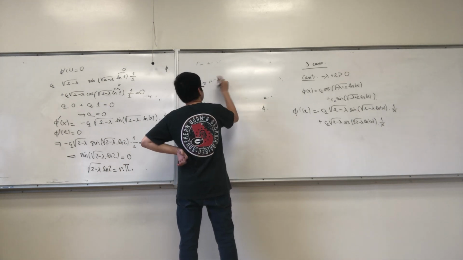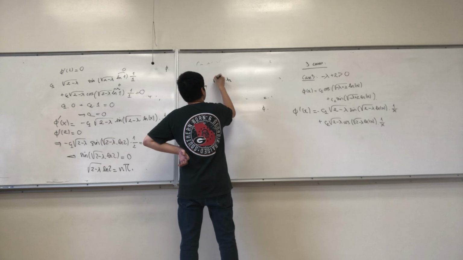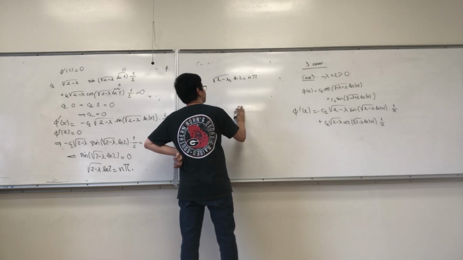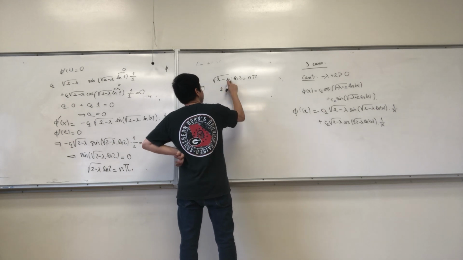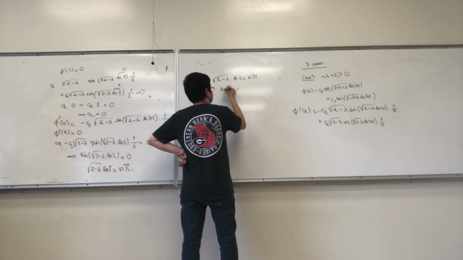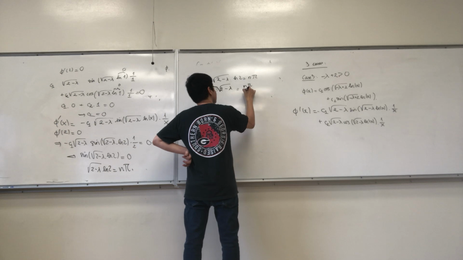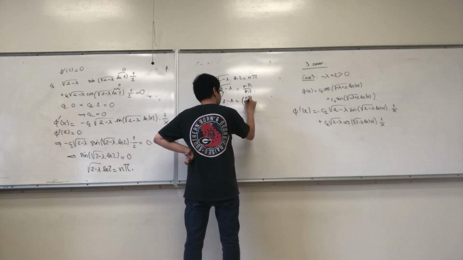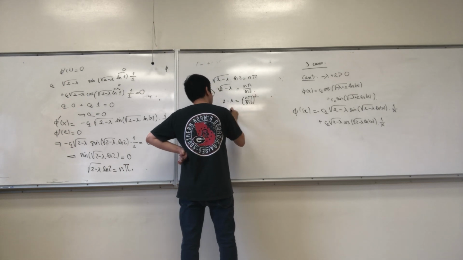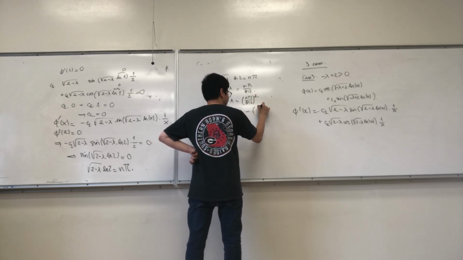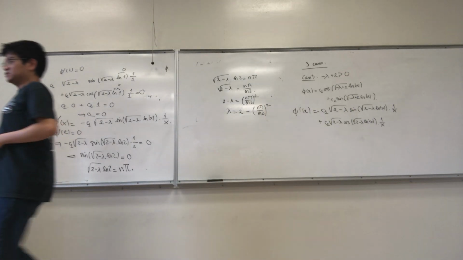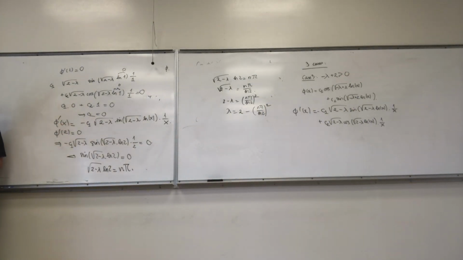So you have square root of 2 minus lambda is n pi over log 2, and 2 minus lambda is n pi squared over log 2 squared. Which means that lambda is 2 minus n pi over log 2 squared. Questions? Good.